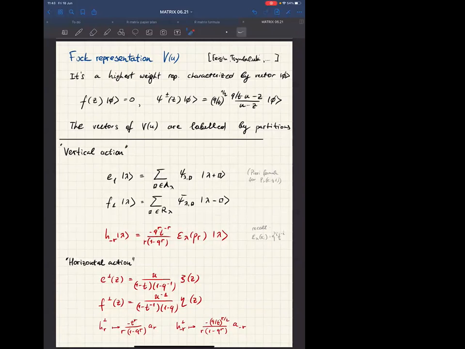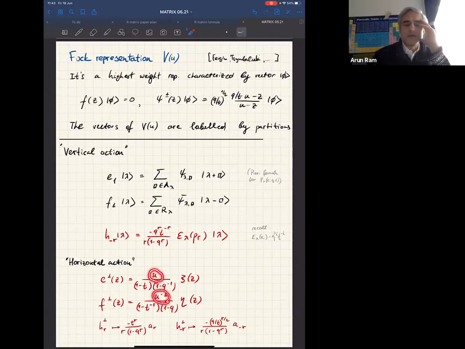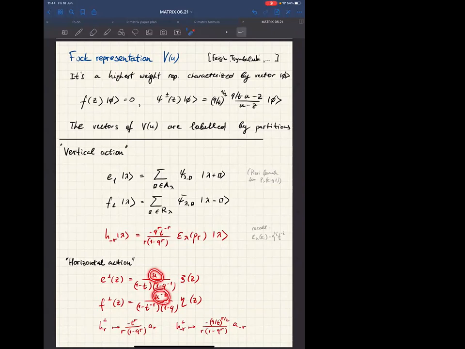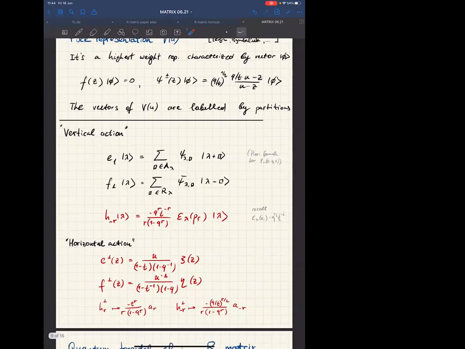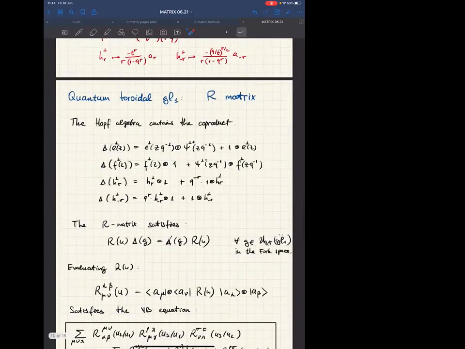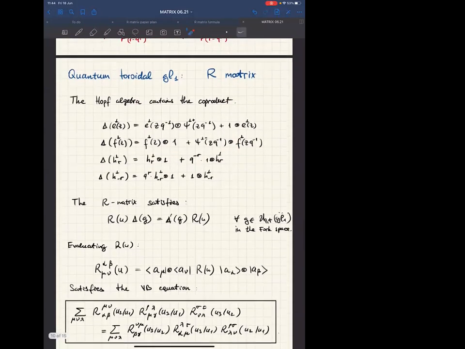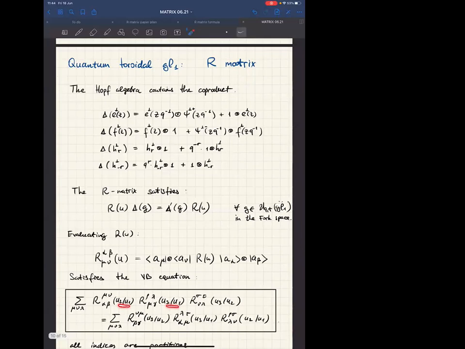There is an automorphism that allows you to introduce the spectral parameter. Great, thank you. I should have emphasized it, it's an important point. So this representation is labeled by this complex number u, which appears in this way. So we get the spectral parameter, which plays an important role in the Yang-Baxter equation.